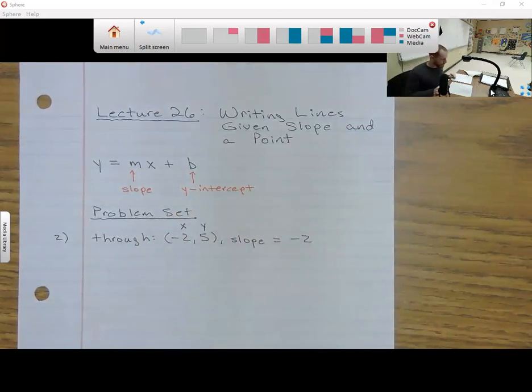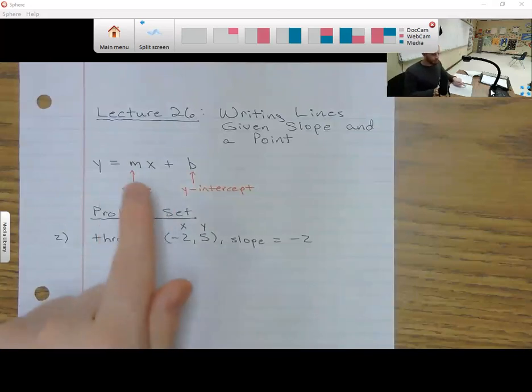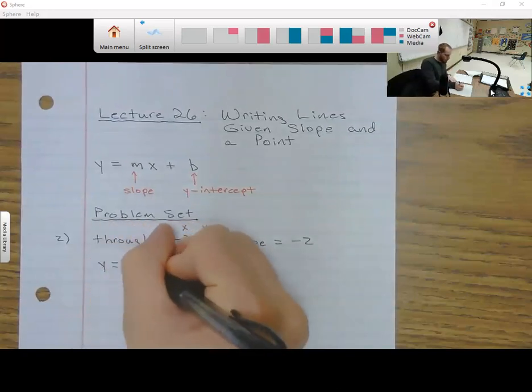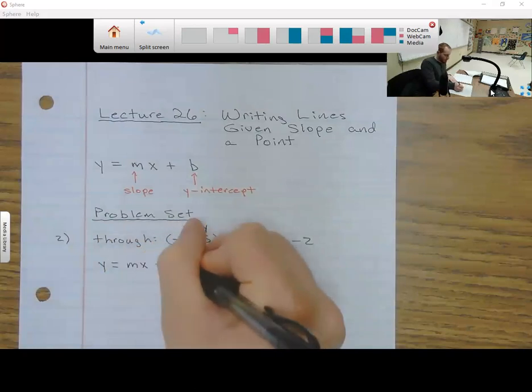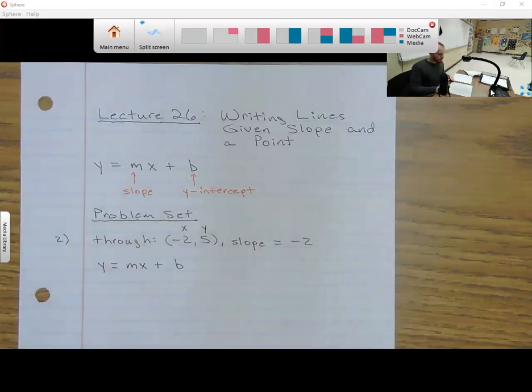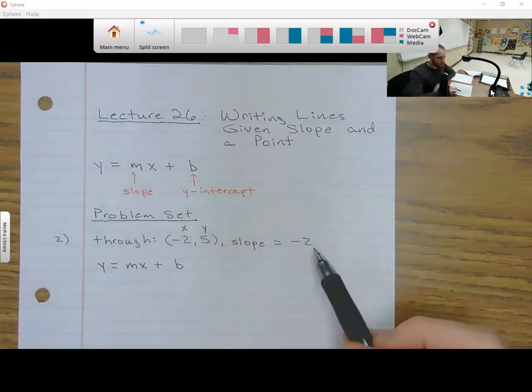And what we're going to be doing is plugging these 3 numbers into the top formula right here. So let's try this. I've got y equals mx plus b. This is my slope-intercept form of a line. They tell us what the slope is, right? The slope is going to be -2.